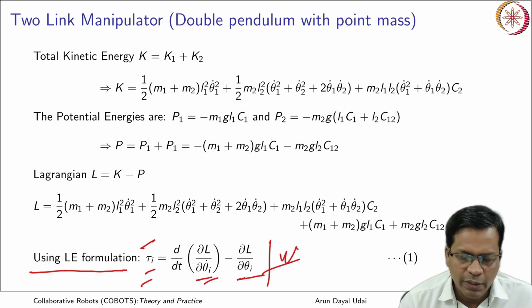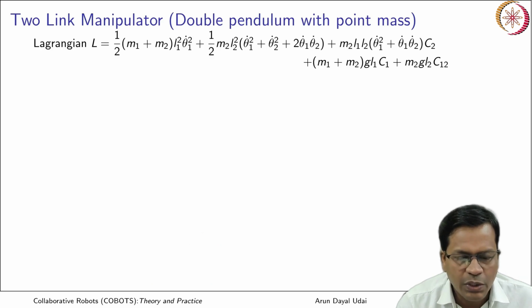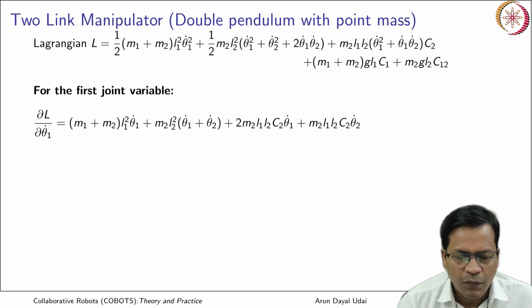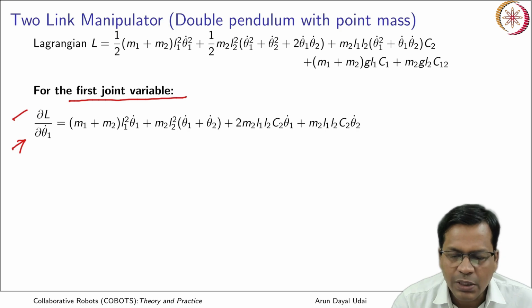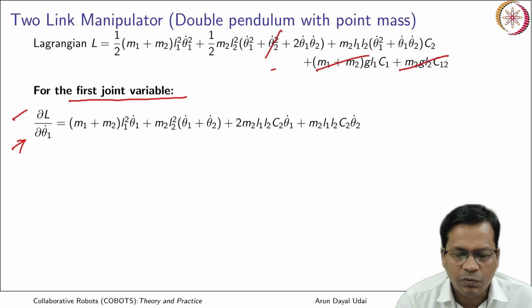Okay, so starting again with the first bracketed term, which is here, that you can see. So if this is the Lagrangian, for the first joint variable dou L by dou theta 1 dot, I have discarded all the terms which don't have theta 1 dot, and the whole of this gets reduced. So this term goes off, this term goes off, even this will go off.